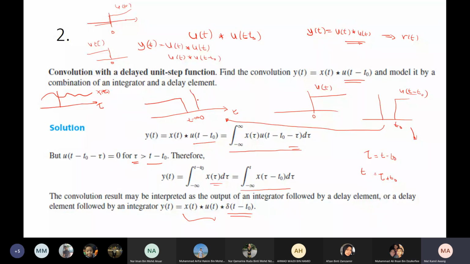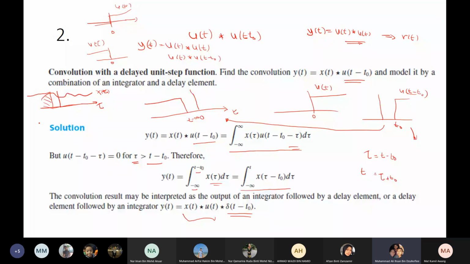So greater than this is 0. So your convolution is basically on the part. When you superimpose, you get something like that, so the convolution is somewhere there, because this part is 0. So that's why the non-zero integration is from minus infinity to t minus t naught.